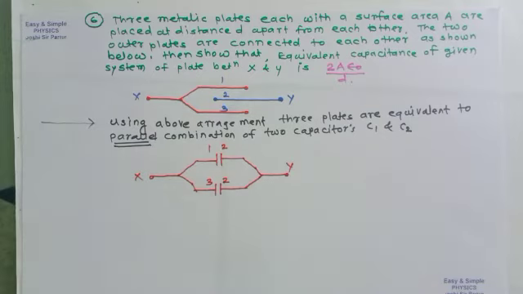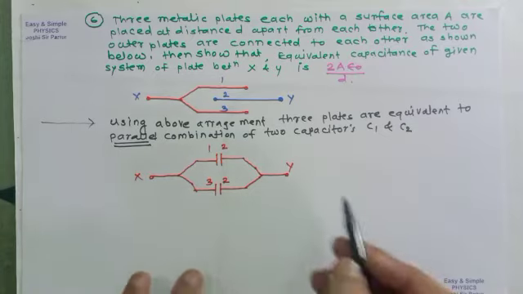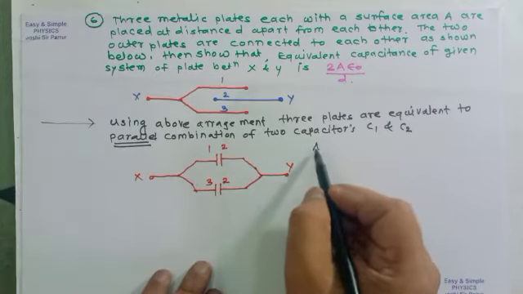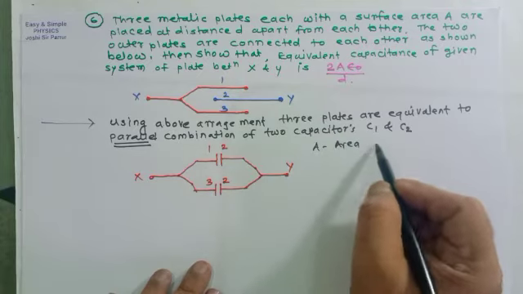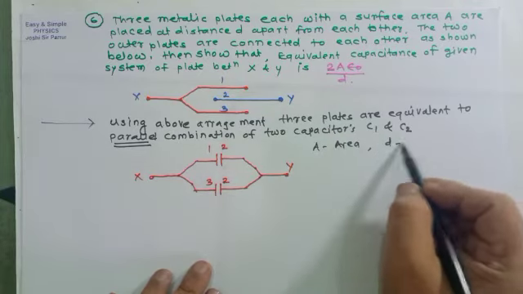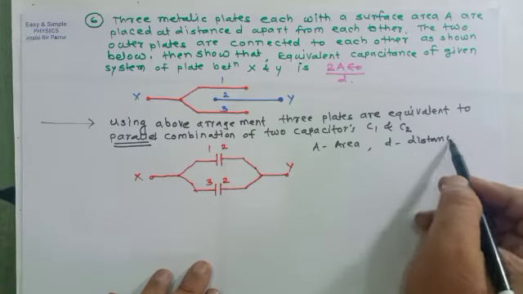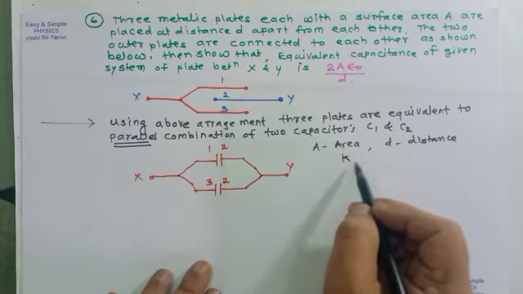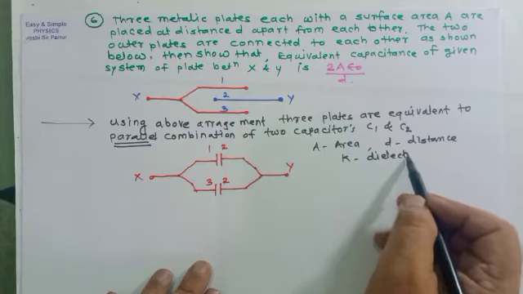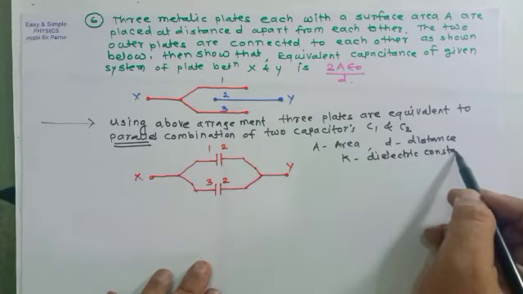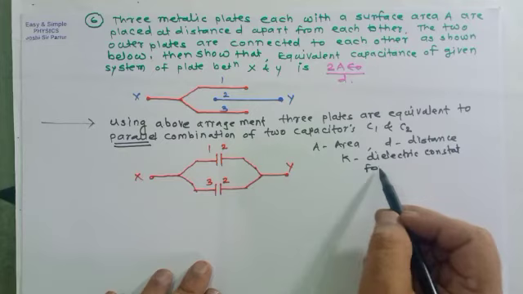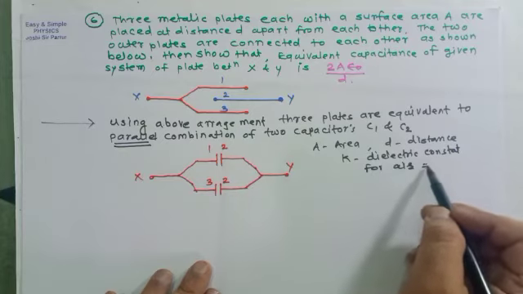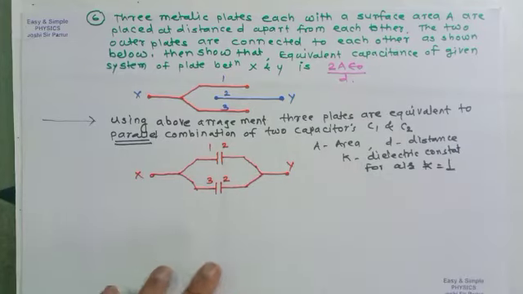So using this equivalent arrangement, we know that A will be the area of each plate, D is the distance between two plates, and K is the dielectric constant. For air, K equal to 1. So here we want to find two capacities.